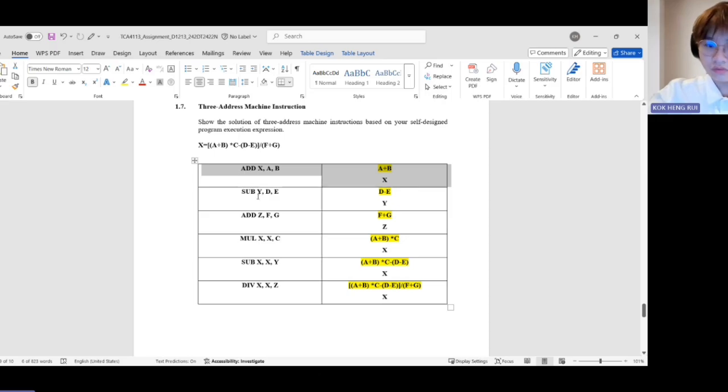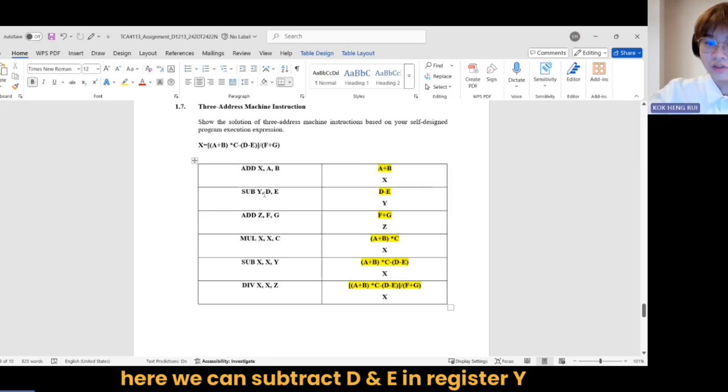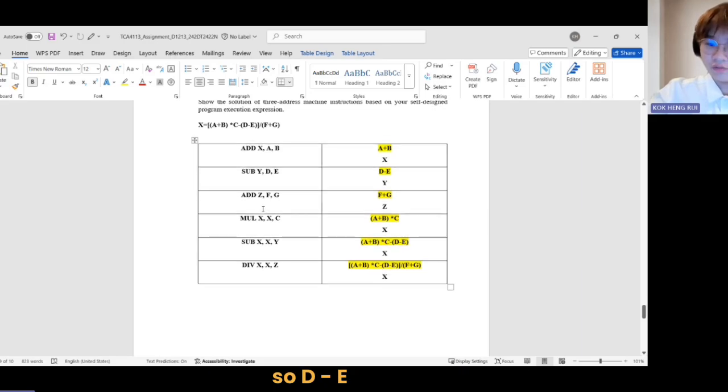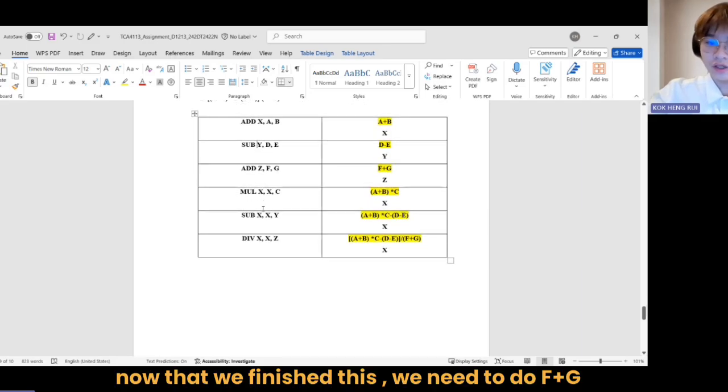Now we can subtract D and E in register Y. So D subtract E. Now that we finish this, we need to do F plus G, which is the last part.